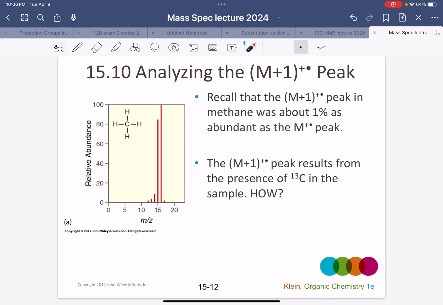So, if your methane has a carbon-12 and 4 hydrogens, it'll have a mass of 16. But 1 out of every 100, approximately, methane molecules will have a carbon-13 instead of a carbon-12. So 13 plus 4 gives you 17. That's the M plus 1 peak. And it's about 1% the size of the M plus peak.